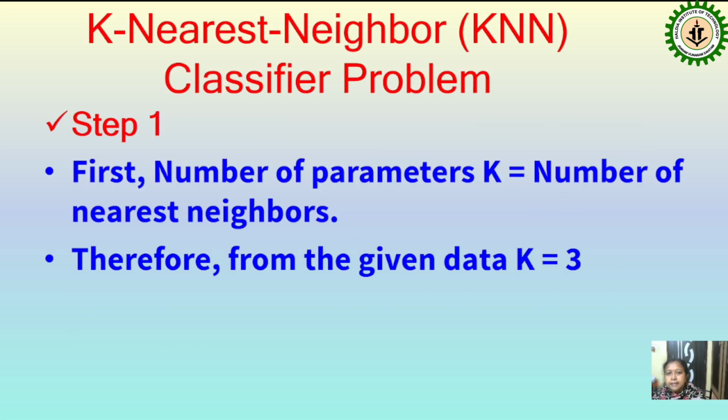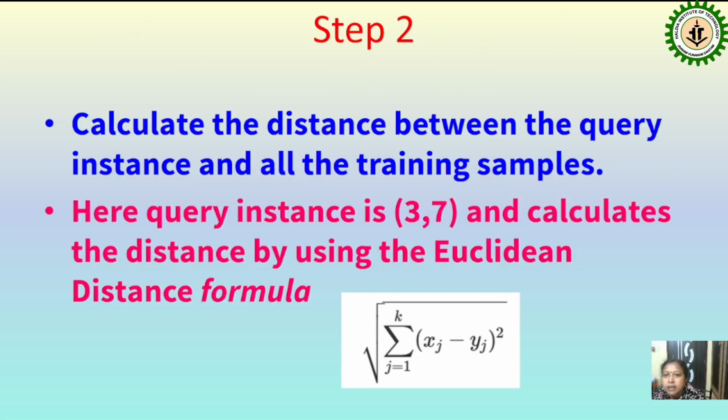Step 1: find out the value of k. K is given by the user and we have to take the appropriate value for k. We have just taken k equal to 3. Next we have to calculate the distance between the query instance and all the training samples. Here the query instance is 3,7 and we calculate the distance using the Euclidean distance formula.